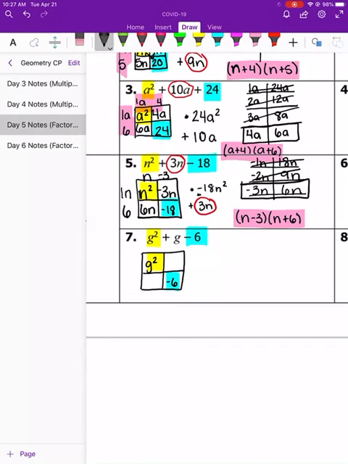Okay, so I'm multiplying to negative 6 g squared, and I'm also going to add to positive g. So this is really just a 1g.